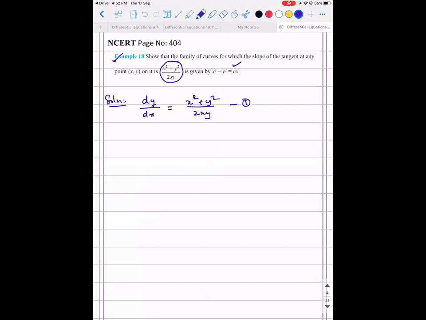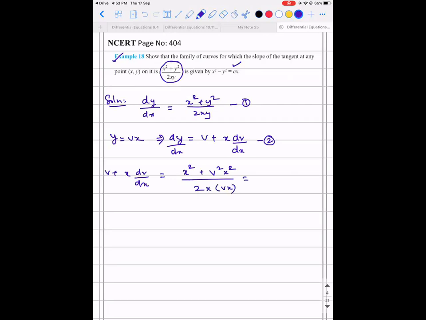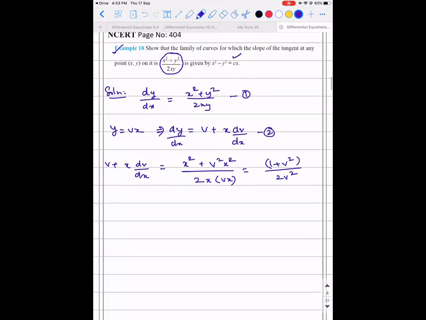Let this be equation number 1. Put y is equal to vx. So v plus x into dv by dx is equal to x square plus v square x square divided by 2 into x into vx. If you take out x square common, 1 plus v square divided by 2v is this thing.